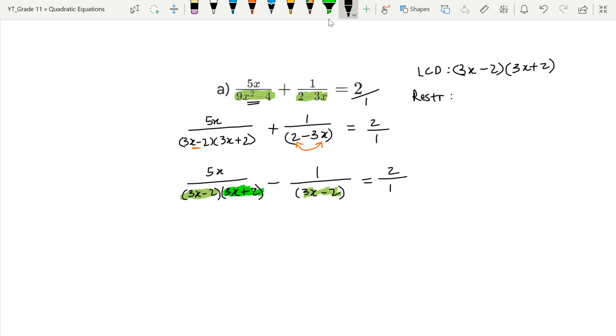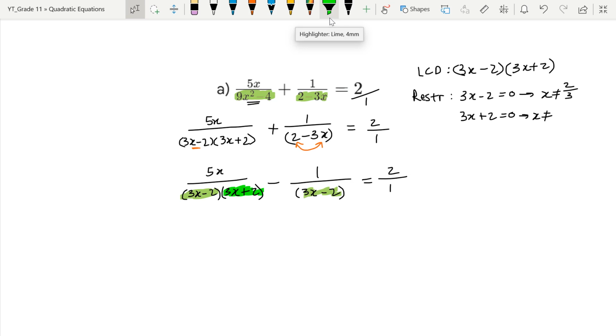Remember, with our restrictions, we do not want the denominator to be equal to 0, because then it will be undefined. So your 3x minus 2 equal to 0, that would be one of our restrictions. And then our 3x plus 2 would be our other restriction. So x cannot be, that's 2 over 3.